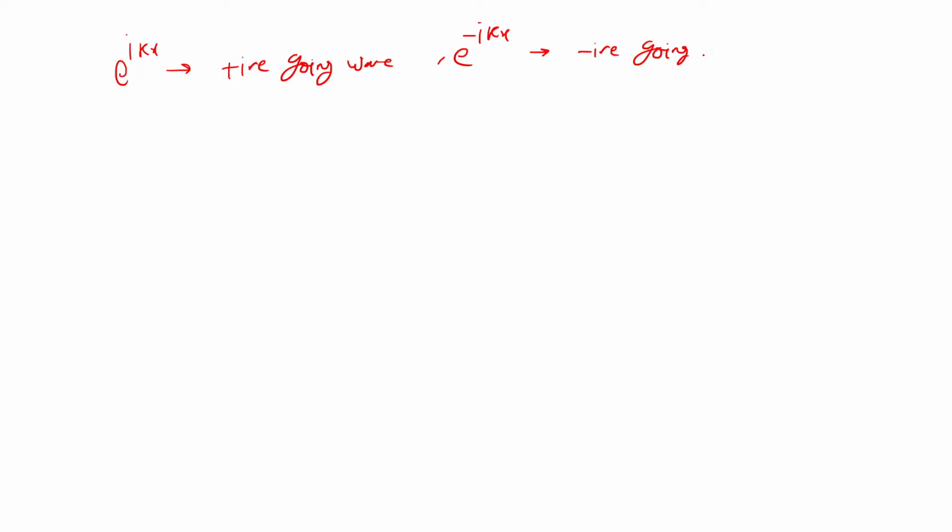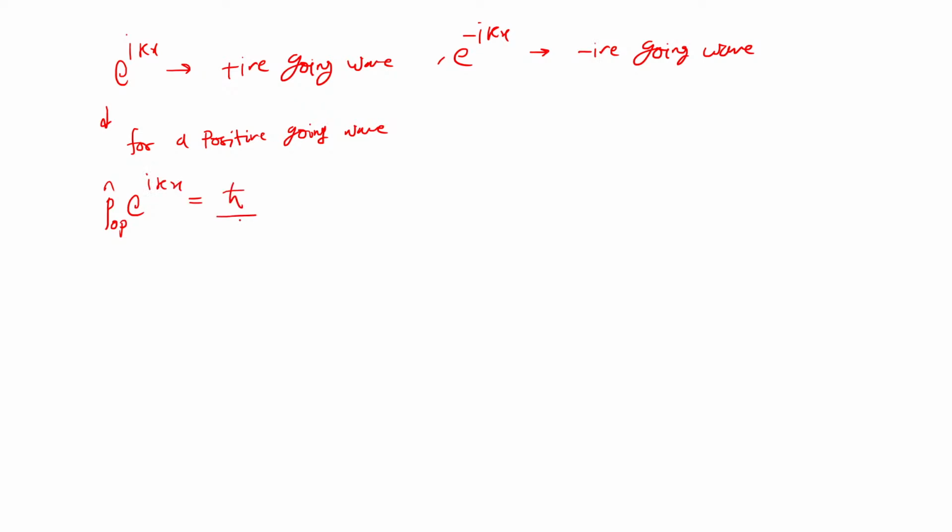and exponential of minus iota kx is negative going wave. So in that condition, for a positive going wave, if we write the p operator and apply it on this, what will happen?